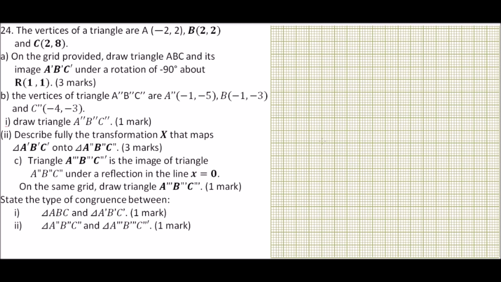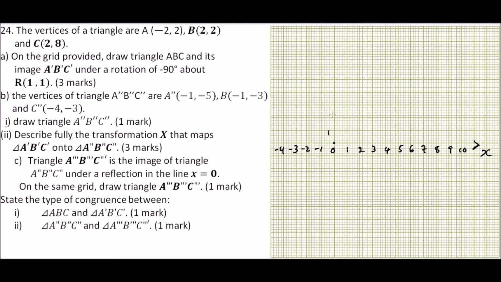is first of all we label our Cartesian plane. So we have that is 0. This is 1, 2, 3, 4, 5, 6, 7, 8, 9, 10. So that is our x-axis. We have minus 1, minus 2, minus 3, minus 4.